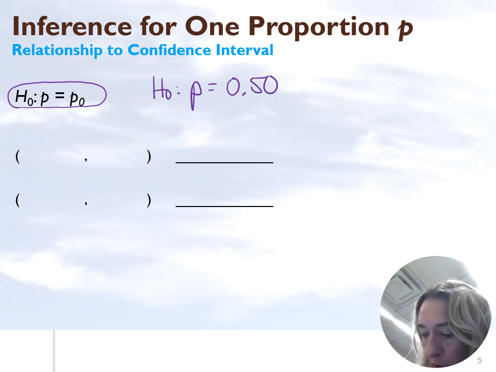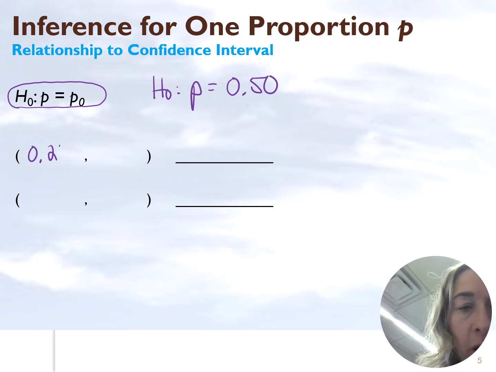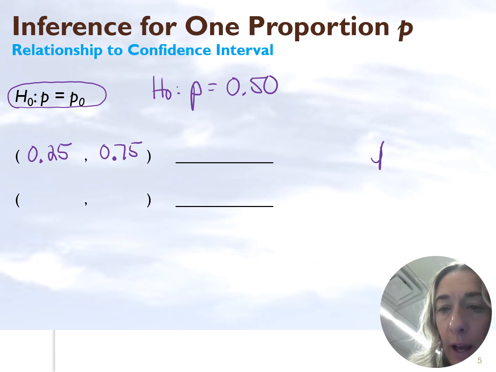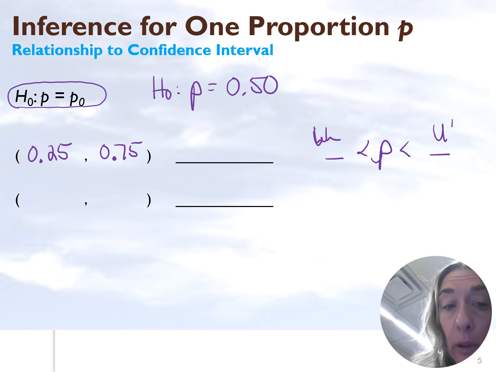Let's say I calculate a confidence interval for p of 0.25 to 0.75. So this is a confidence interval for p, p being between some lower limit and some upper limit.